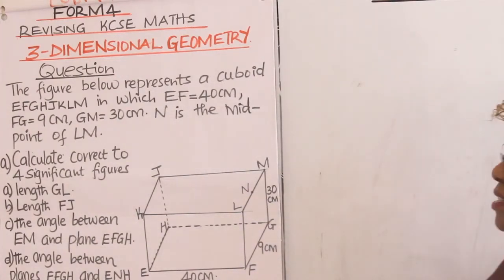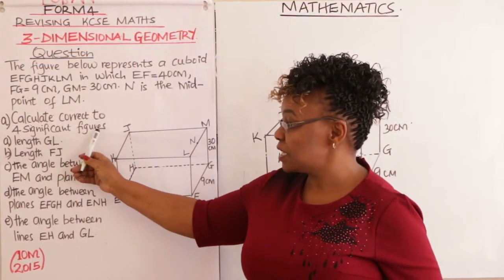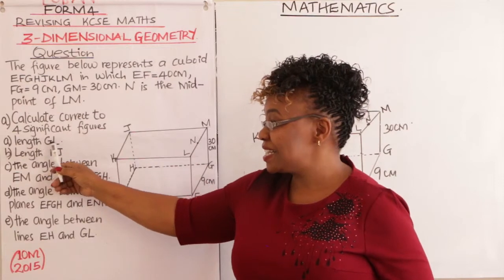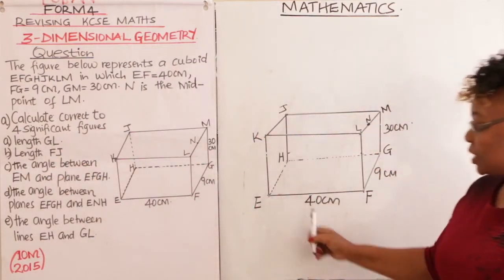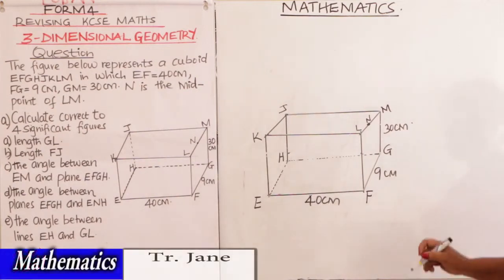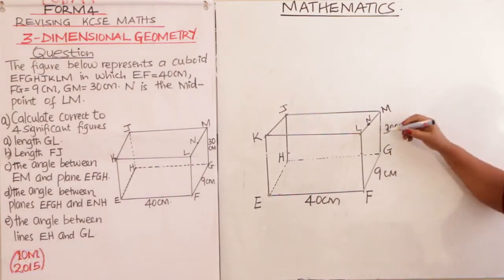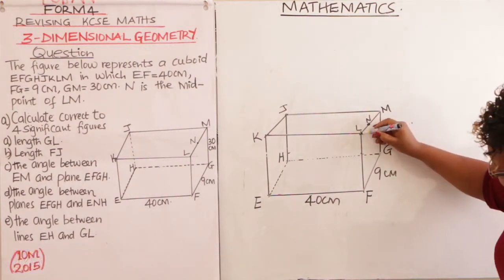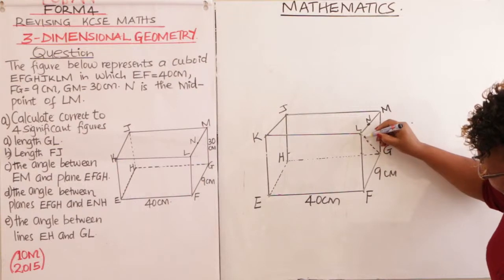So the first question is, calculate correct to four significant figures the length GL. This diagonal here, the diagonal of this rectangle on this side.